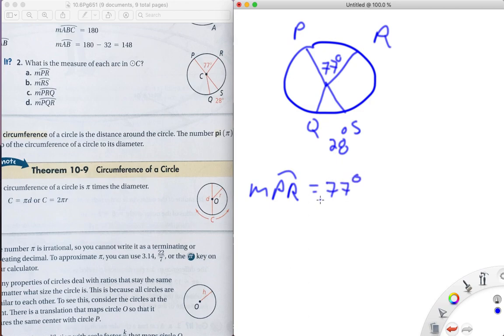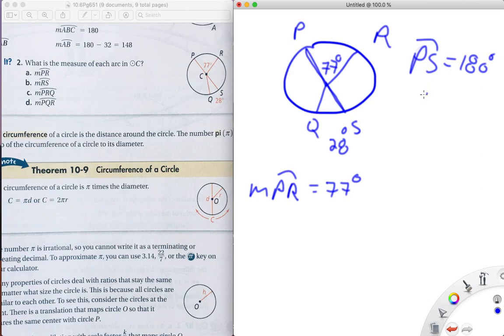They want to know what RS is, so this is RS. Notice that PS is a straight line that cuts it completely in half. So PS is a semicircle. Since PS is a semicircle, I know that a semicircle is 180 degrees.